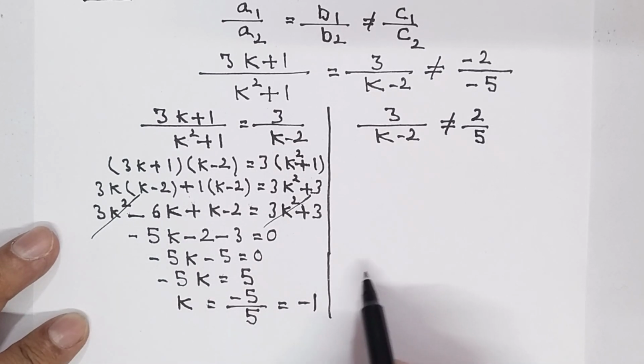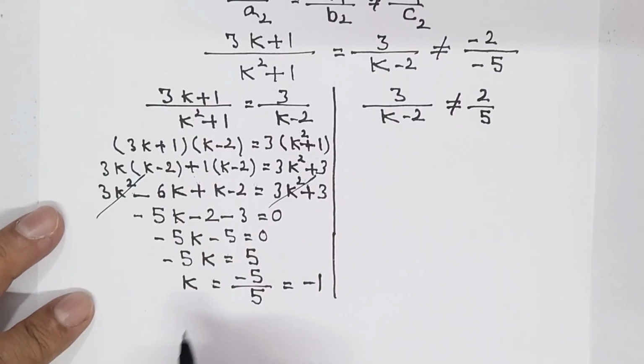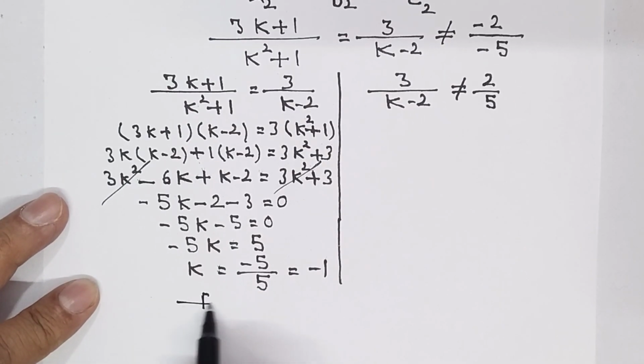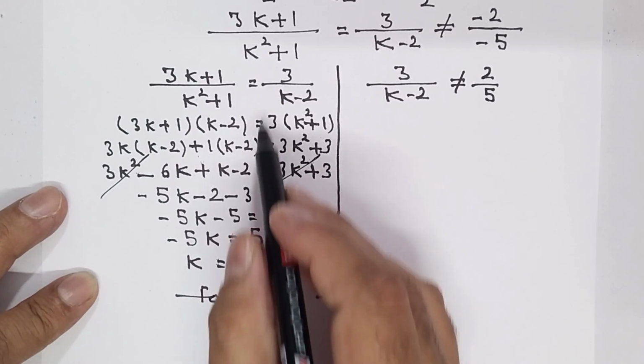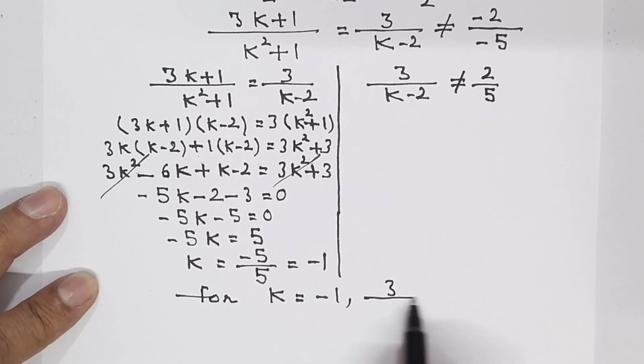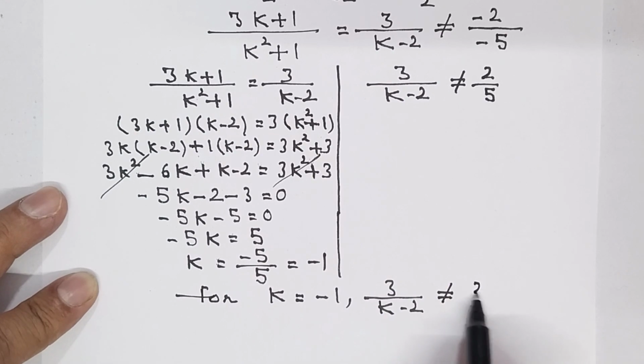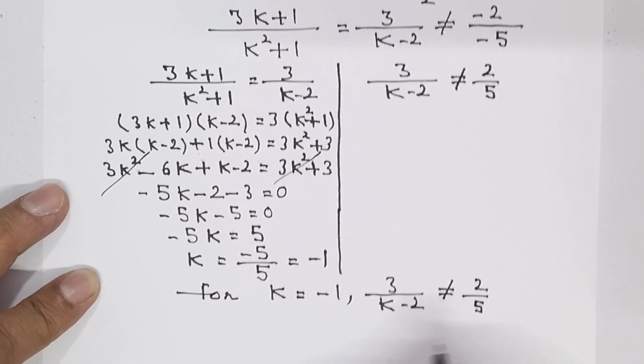Now we can write the answer that for k equal to minus 1, 3 upon k minus 2 is not equal to 2 upon 5.